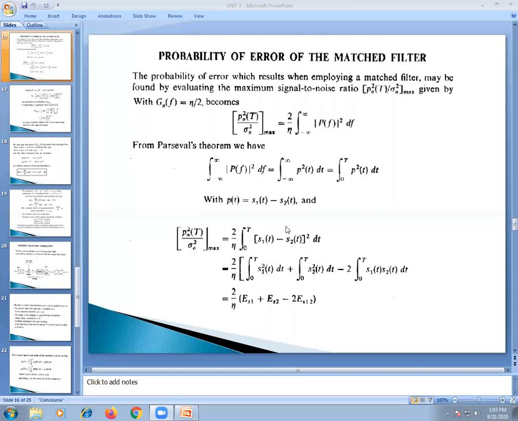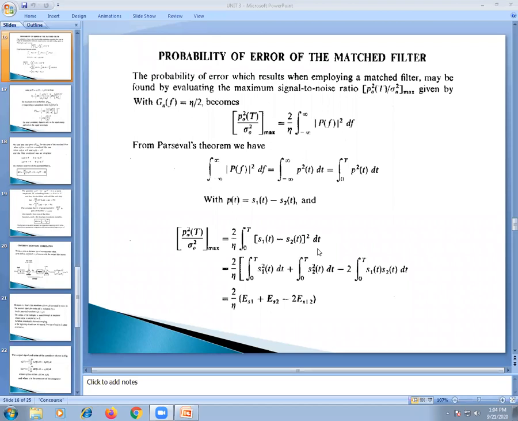The maximum factor is equal to 2 by eta integral 0 to T of s1 of t minus s2 of t whole square dt. S1 of t minus s2 of t is the signal difference. So that is considered for the probability of error.